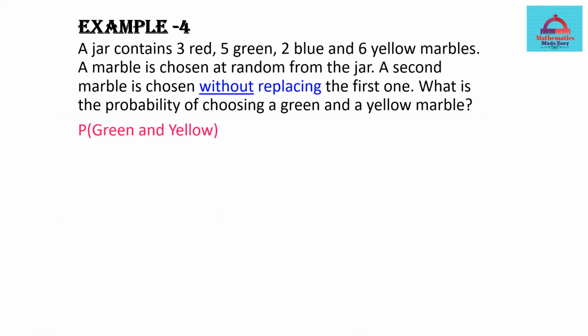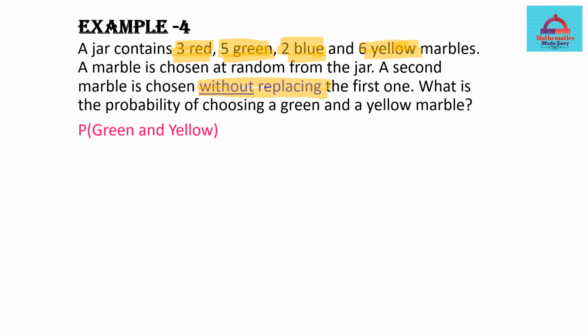Okay, so I'll read the example for you. In this example, there is a jar. I'm highlighting a few things here. The jar has 3 red, 5 green, 2 blue and 6 yellow marbles. So you can just add them to get the total number, and then a marble is chosen from this jar. After that, a second marble is chosen without replacing. So this is the most important phrase in the word problem.